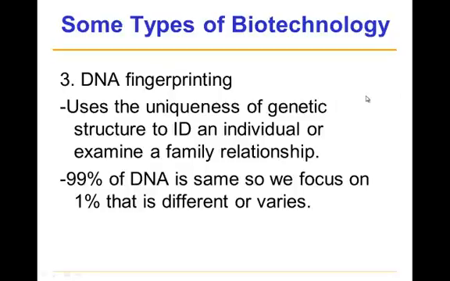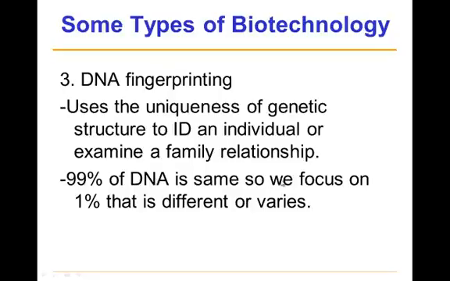This is when we're using the uniqueness of the genetic structure of an individual to identify a sample to a particular person. And so this is really quite definitive in terms of matching a sample to an individual. It turns out that the majority of DNA is the same.